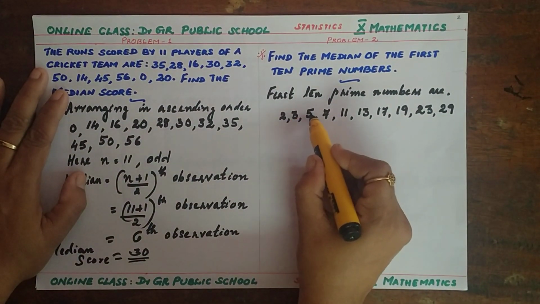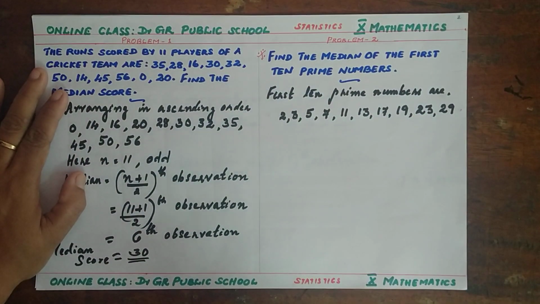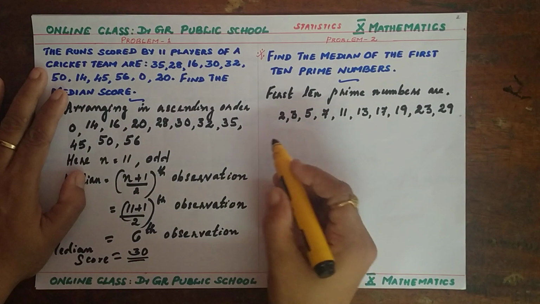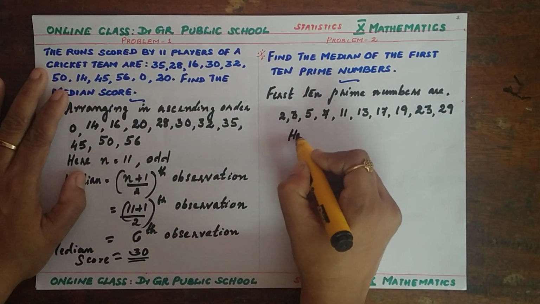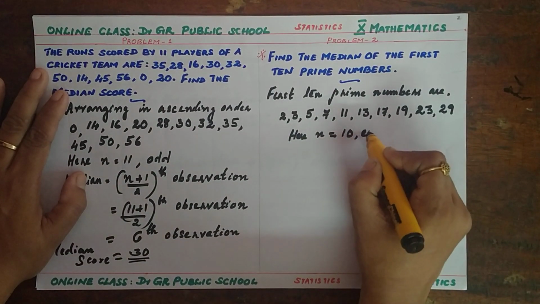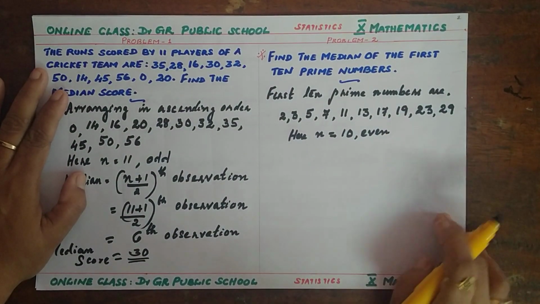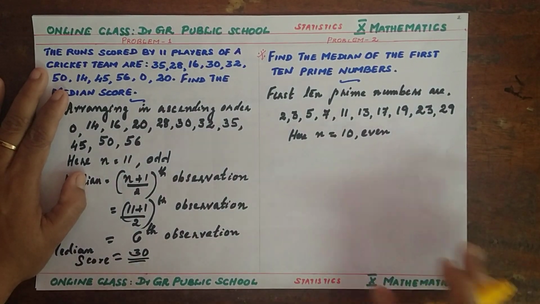Check: 1, 2, 3, 4, 5, 6, 7, 8, 9, 10 observations are here. After that, you need to write here n equals 10, number of observations 10, which is even. If n is even, what is the formula?